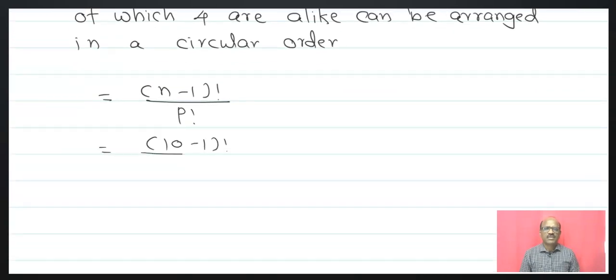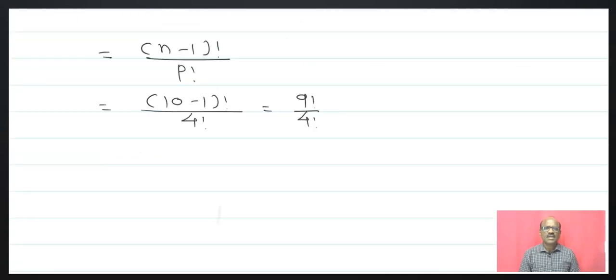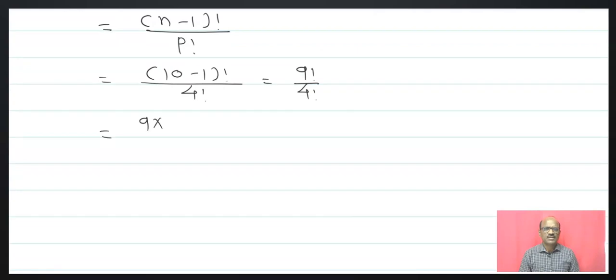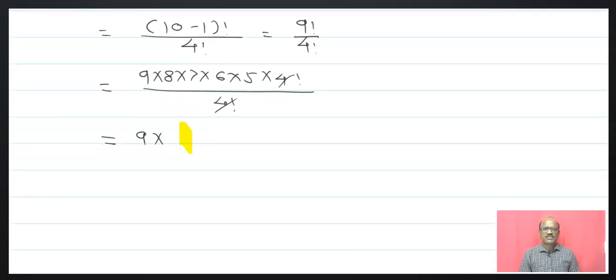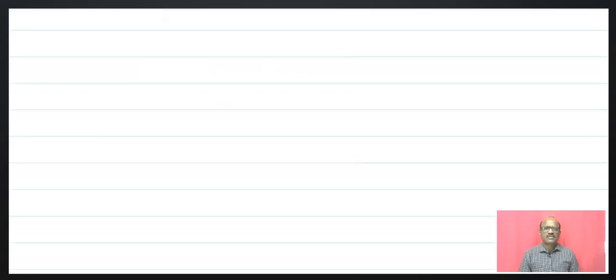That is 10 minus 1 factorial upon 4 factorial, 9 factorial upon 4 factorial, which is 9 into 8 into 7 into 6 into 5 into 4 factorial upon 4 factorial. These two get cancelled. We can perform the calculations. The multiplication is very normal. That is 15,120.